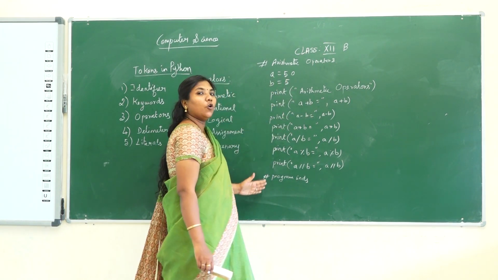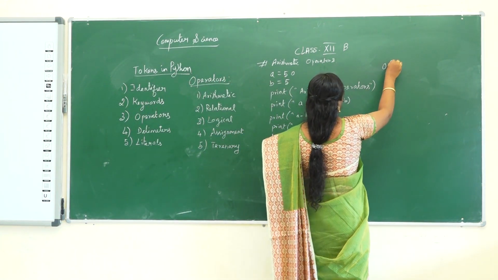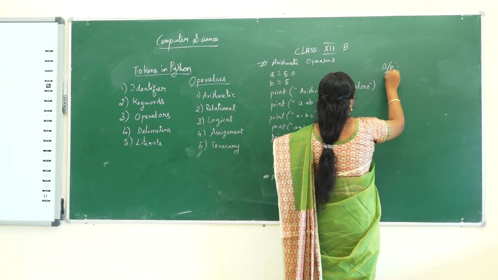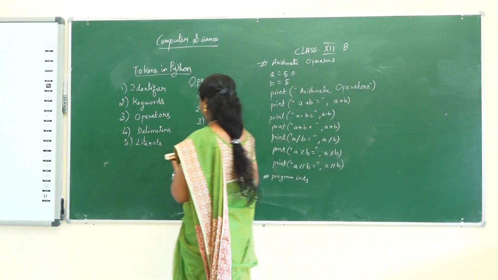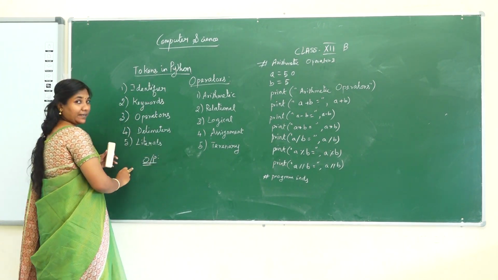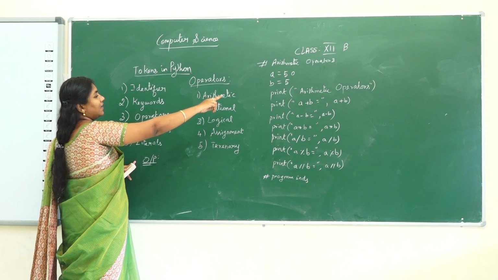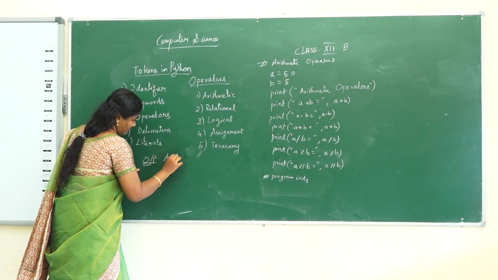So what will be the output for this program? Now we will see. I am writing here the output. What is the first print statement? Arithmetic operators.